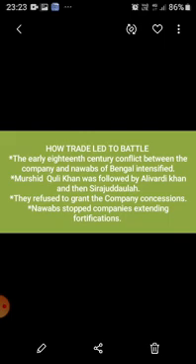By the early 18th century, conflict between the company and the Nawabs of Bengal had intensified, because after the death of Aurangzeb, the Bengal Nawabs asserted their power and autonomy. Murshid Quli Khan was followed by Alivardi Khan, and after Alivardi Khan came Sirajuddaulah as the Nawab of Bengal.